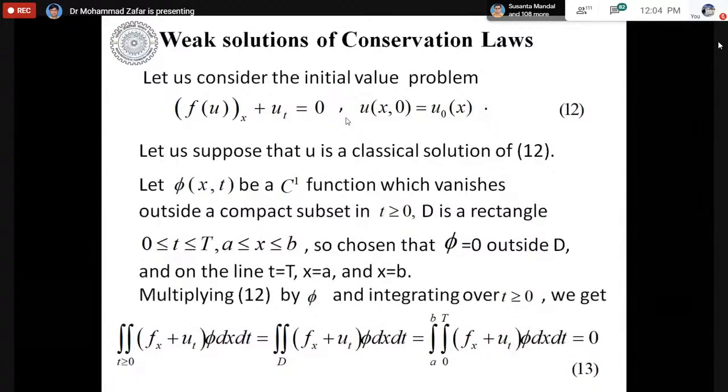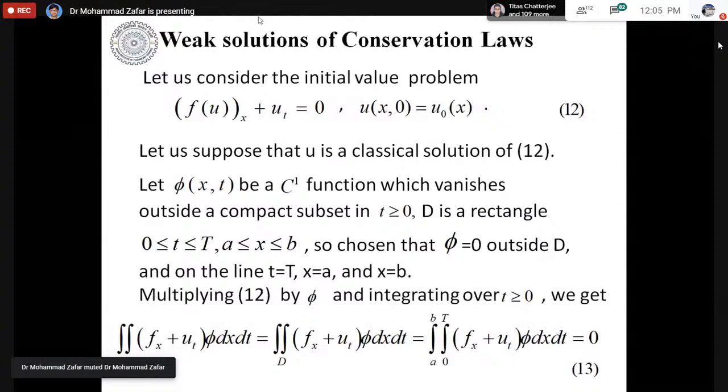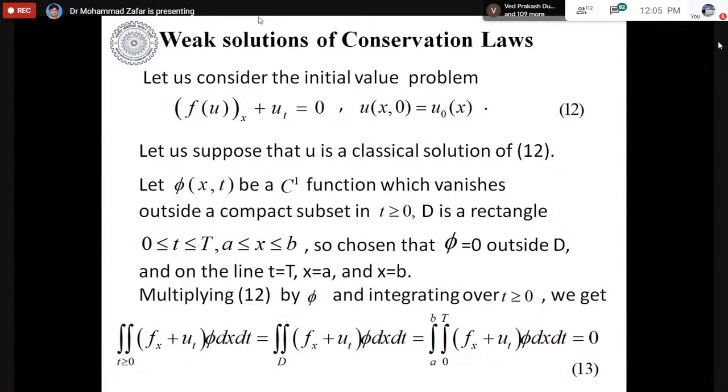Suppose this function is vanishing outside a compact support, t greater than or equal to 0, and D is a rectangle given by small t between 0 to capital T and small x between a to b, where a and b are some given constants. So phi is chosen such that phi is 0 outside D, that D is the rectangle here. And on the lines t equal to T, x equal to a, and x equal to b, phi is 0 at these three lines also.